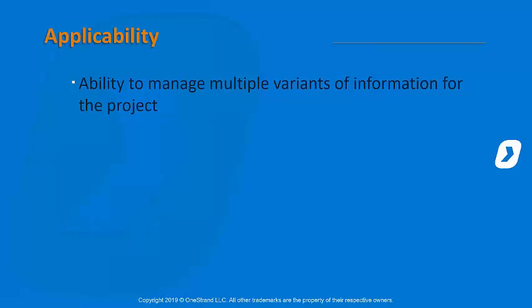Okay, if we now jump across to consider applicability. The project needs to make a decision on whether or not they need to consider applicability. Applicability, in ATA, was effectivity, and it's really: are we managing multiple variations of content in the one deliverable?